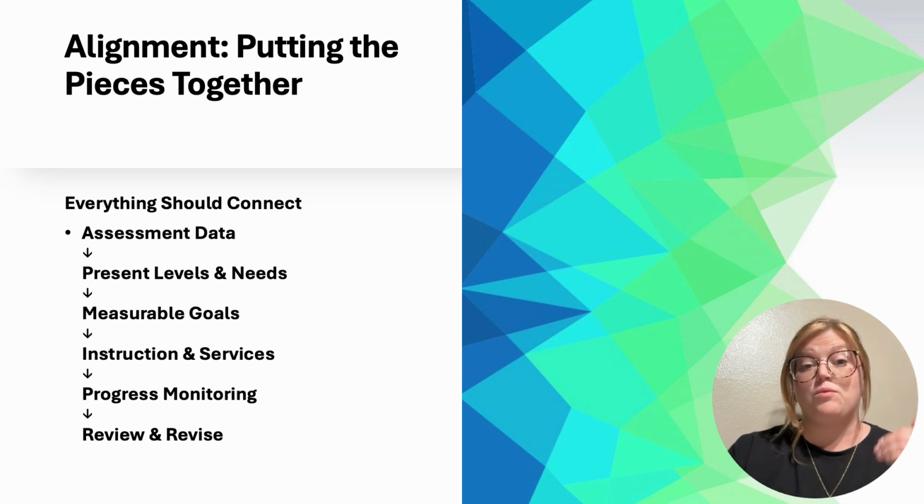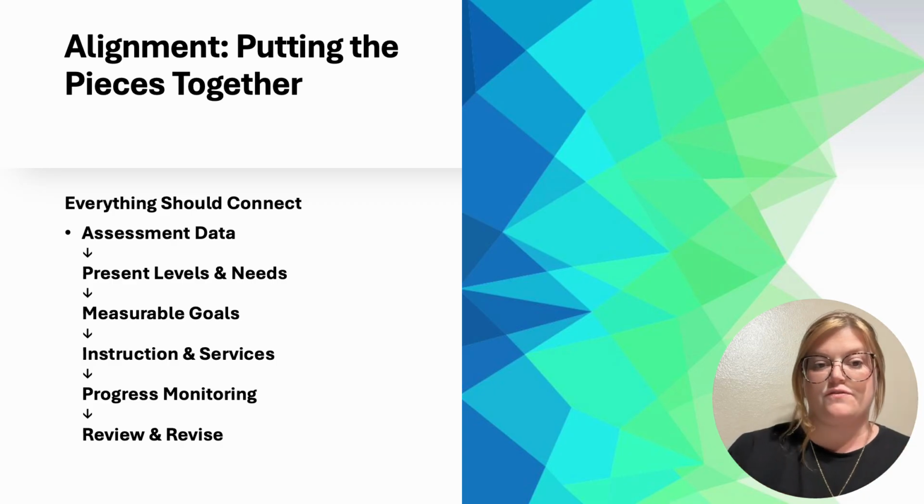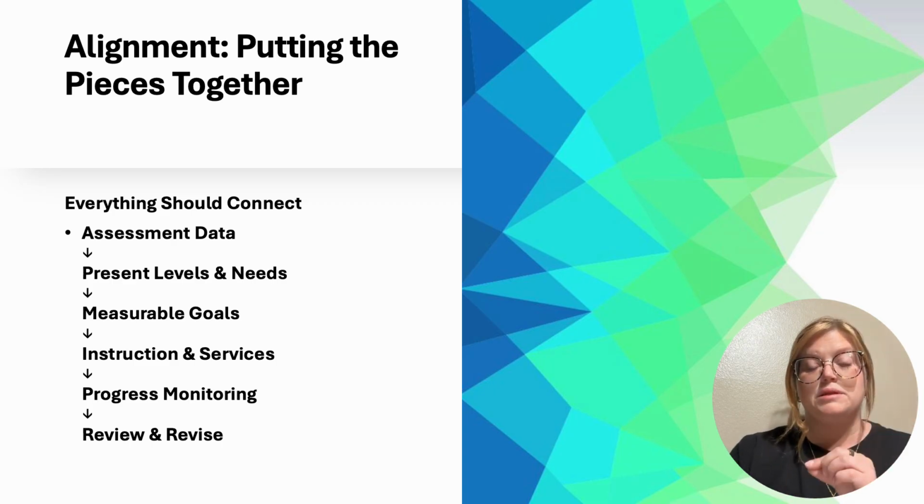This alignment will help ensure that the IEP is individualized rather than simply a collection of services. The team should also consider the least restrictive environment, meaning that children with disabilities should be educated with non-disabled peers to the maximum extent appropriate.